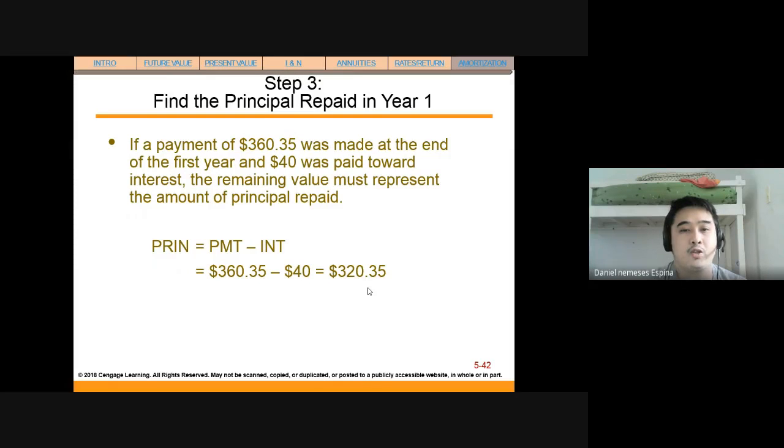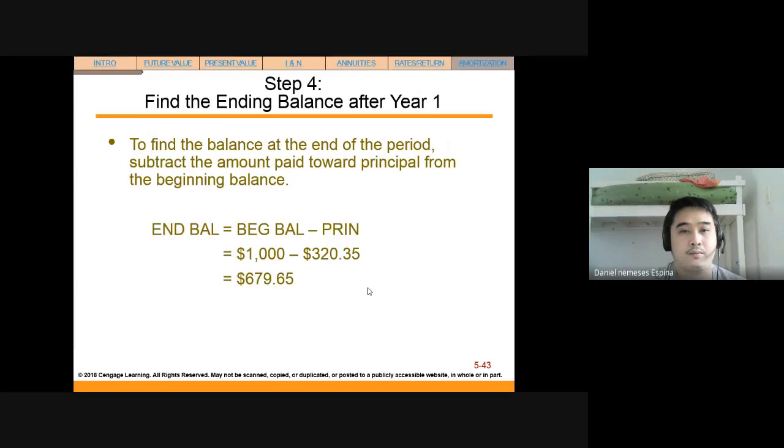So i-minus nimo ang imong gibayad, that's payment, minus the interest. So ang imong deductible sa imong principal amount, which is 1,000. So ending balance, 1,000 minus 320, that's the amount attributable to principal.